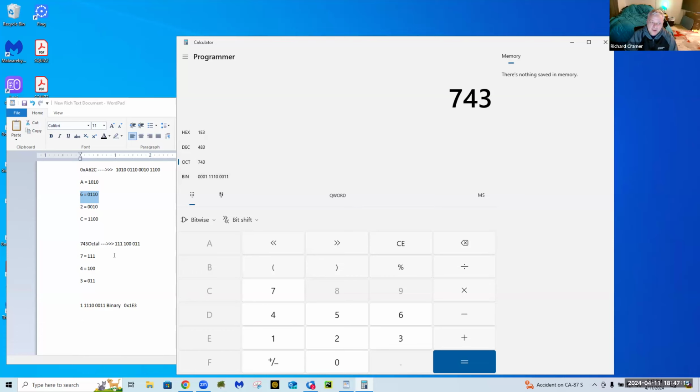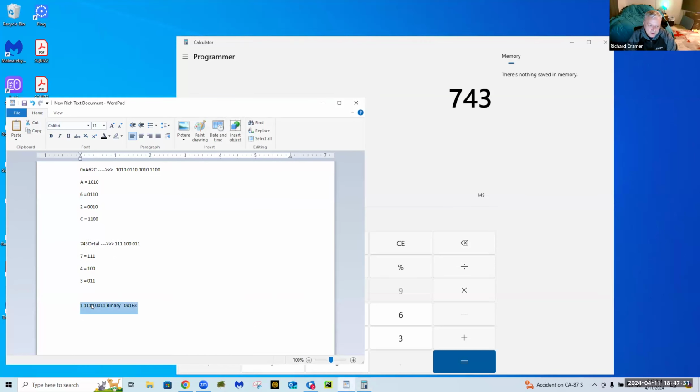proved correct. So when I have an octal number, I converted it to binary, and I used it in 3-digit groups for octal. But then down here, I just spaced it out into 4-bit numbers, and that turned out to be back to hex.